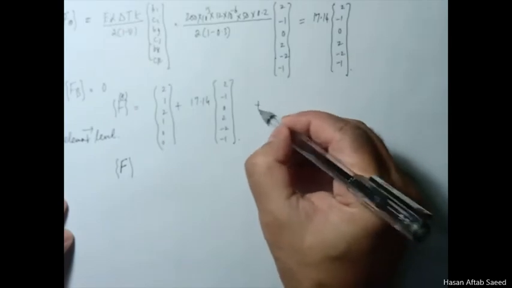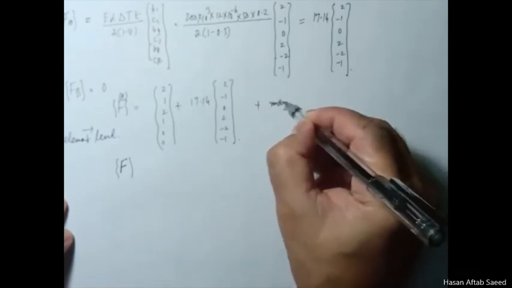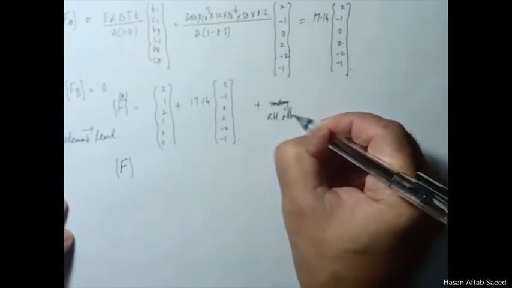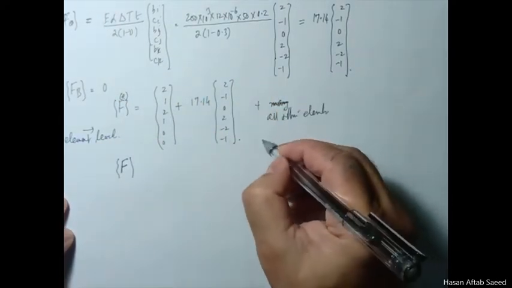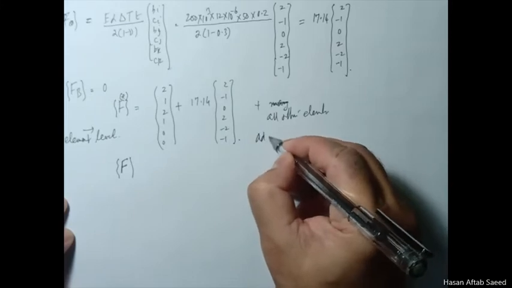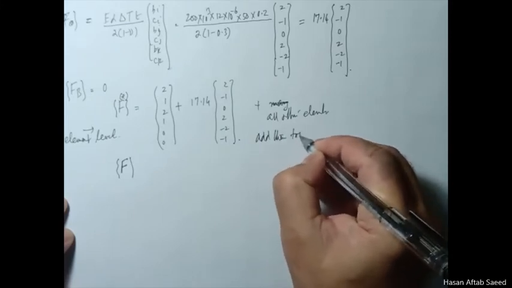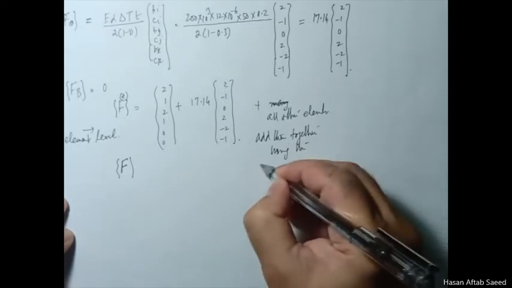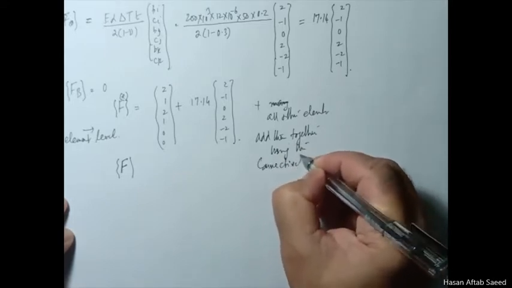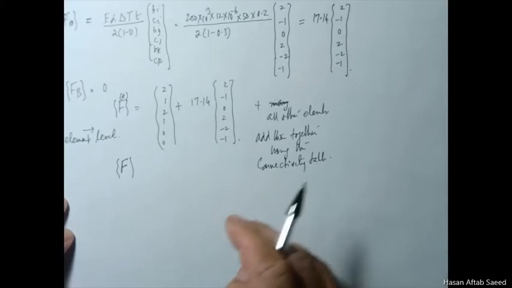Similarly, you'll get plus many, in fact all other elements you do. Then you will add them together using the connectivity table. This will give you a system equation.